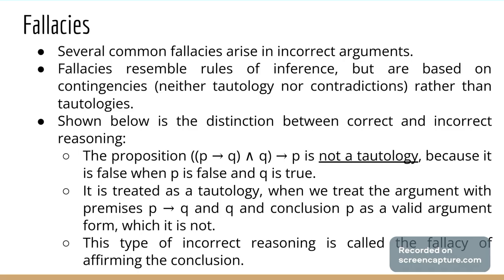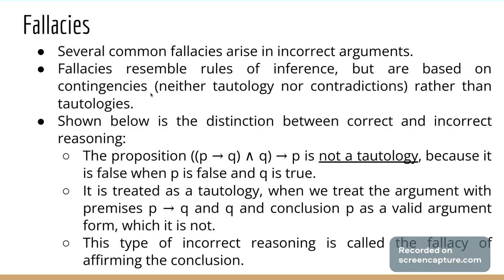But fallacies are based on contingencies, not tautologies. Now, what was a contingency? If you remember, we said earlier that when a particular statement is always true, it is a tautology. When it is always false, it is a contradiction.